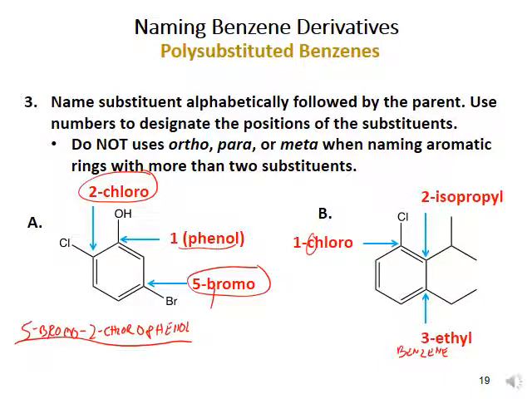C, then E, then I. So 1 chloro, followed by 3 ethyl, followed by 2 isopropyl benzene. Okay, that's it. Not too bad. Just follow the rules. Know the rules, remember the rules, follow them, practice them. Next.